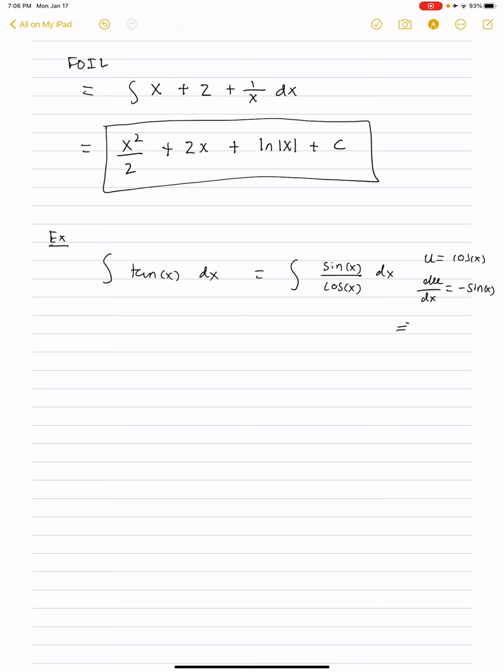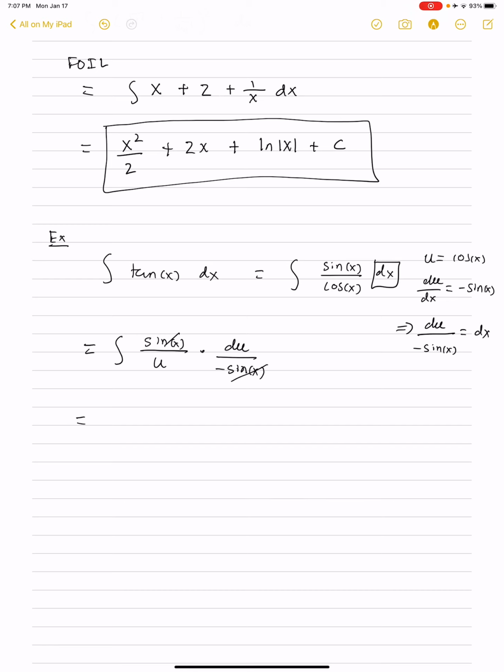And this is going to tell us that du over minus sine of x is dx.